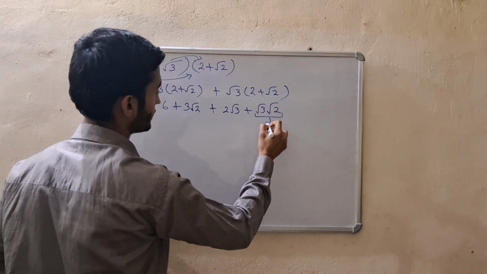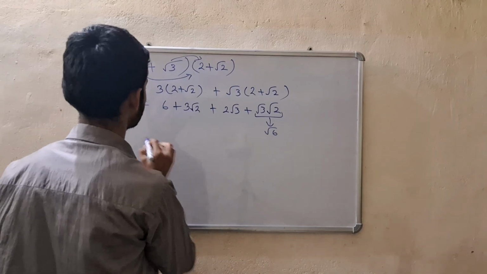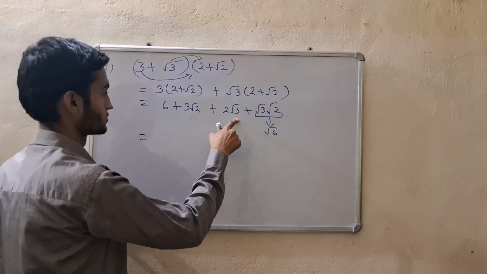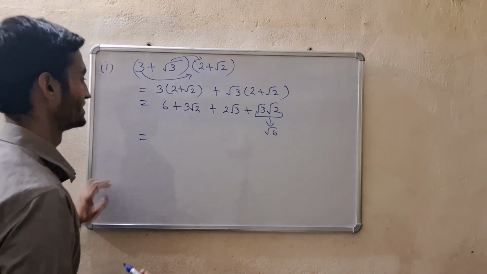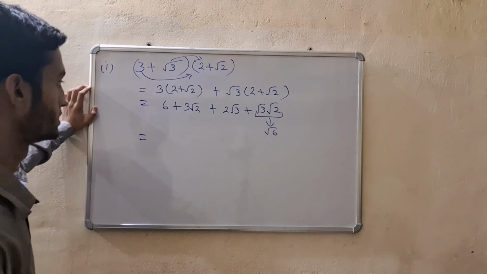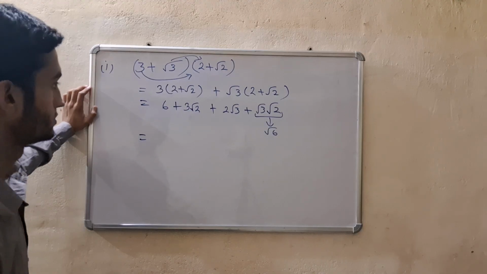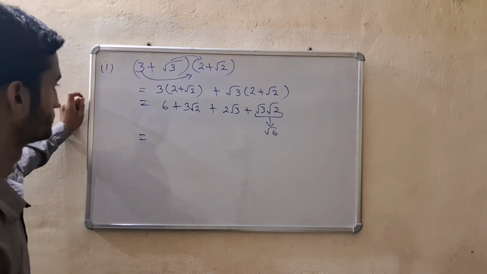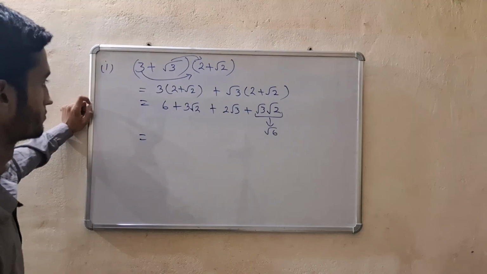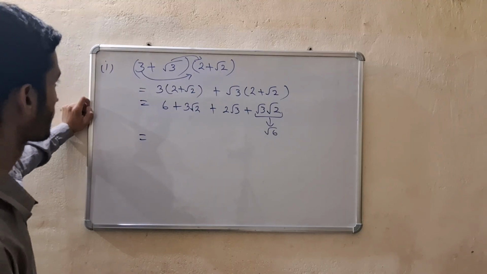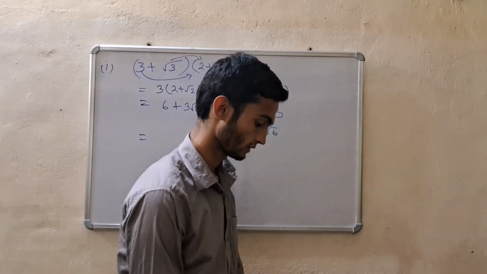and they will simplify to give square root of 6. And this is 3 times square root of 2, 2 times square root of 3, so they are not going to give you anything better. But you can, if you want to take common factors, this will again become what we started with.